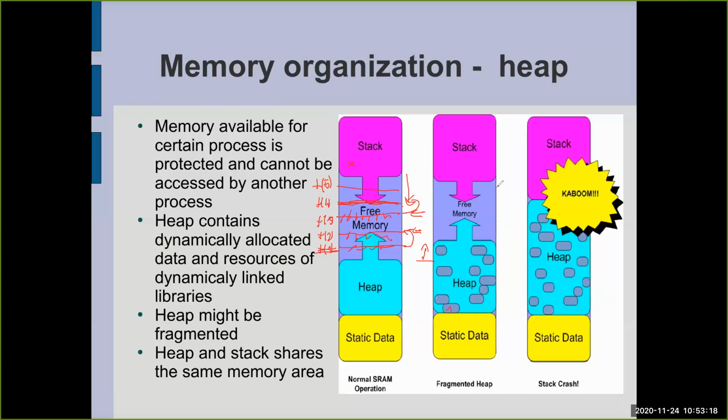So you can see that after some time, when stack grows and heap grows, they can meet together. In this case, the stack overflow or segmentation fault error occurs. It tells us that there is no memory for the stack to allocate.